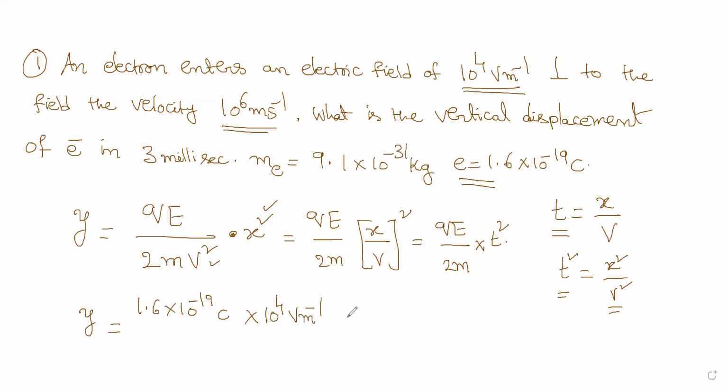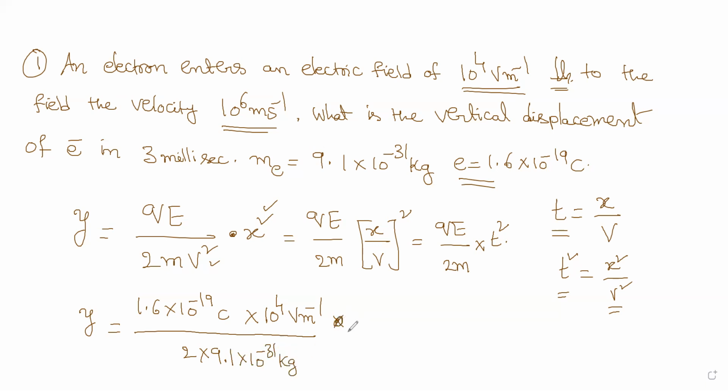The other unit is newton per coulomb, and volt per meter is the other unit of electric field. Next is 2m, that is 2 times the mass of the electron, 9.1 into 10 to the power of minus 31 kg.